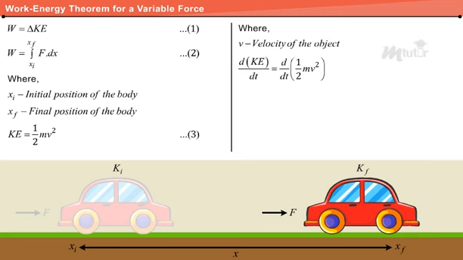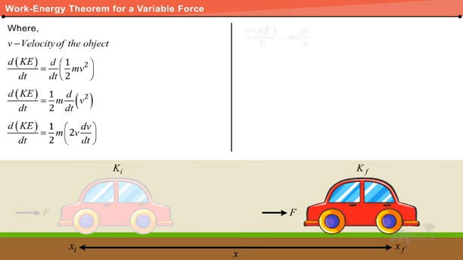Differentiating equation 3 with respect to time t, we get the rate of change of kinetic energy, as shown on the screen. Thus on simplification, we get the equation as shown. On further simplification, we get dKE by dt is equal to m dv by dt into v.